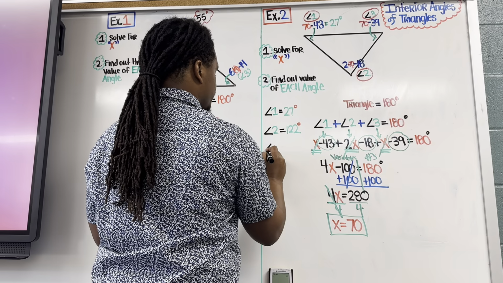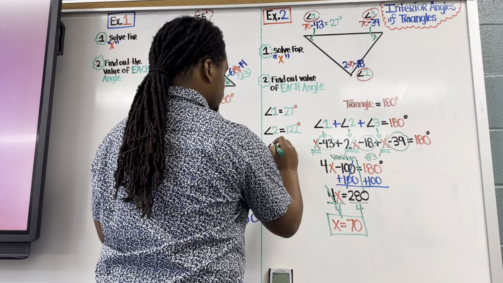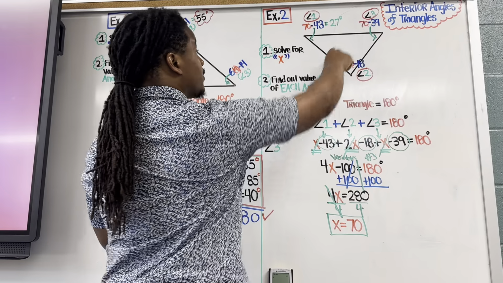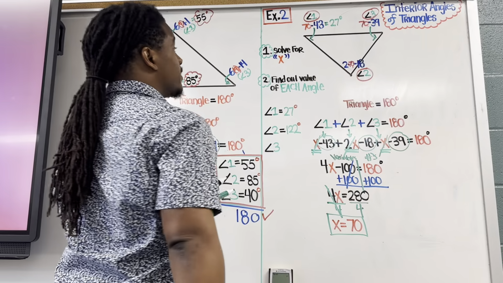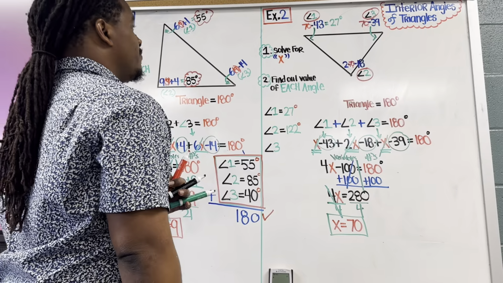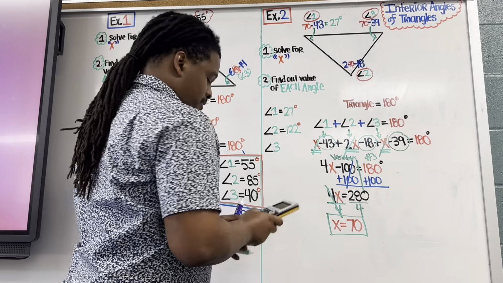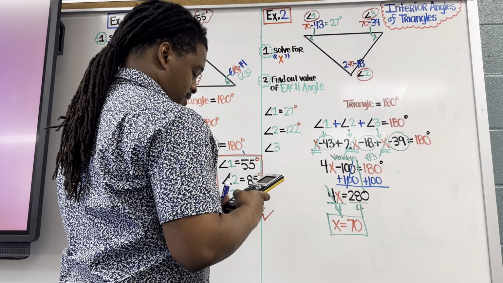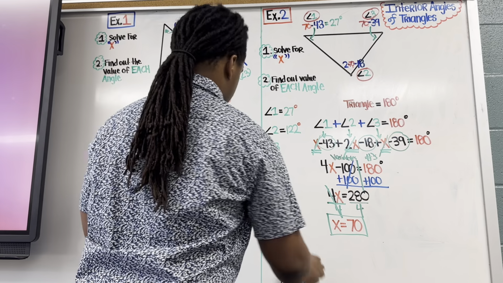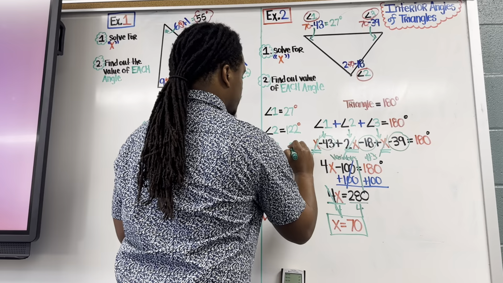And then angle 3. Angle 3 is just 70 minus 39, right? That'll be 31. 70 minus 39. Yes, that is 31. So angle 3 is 31.